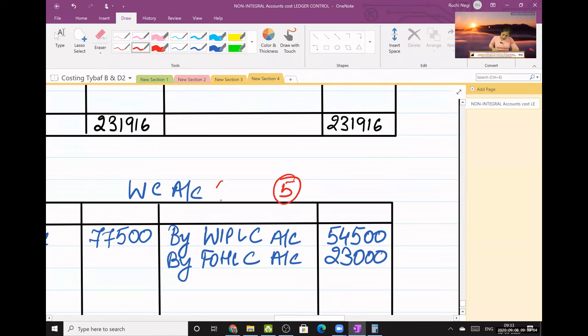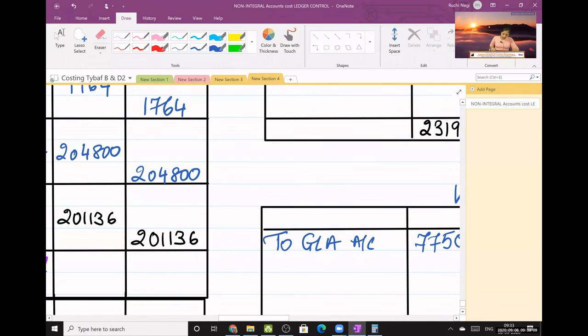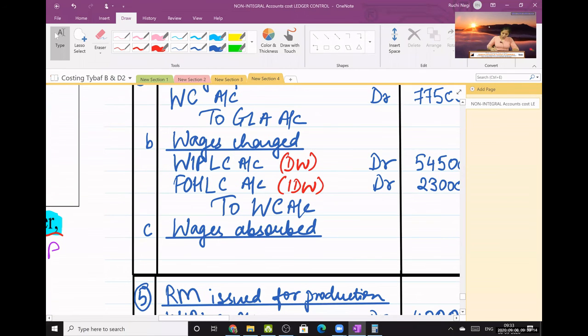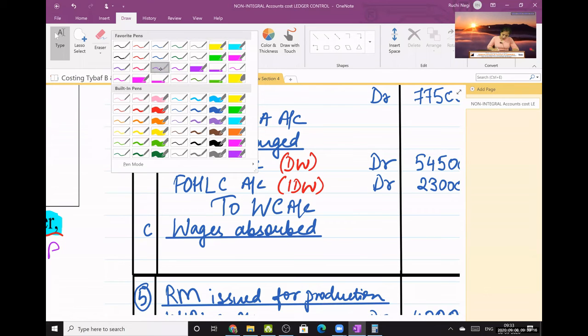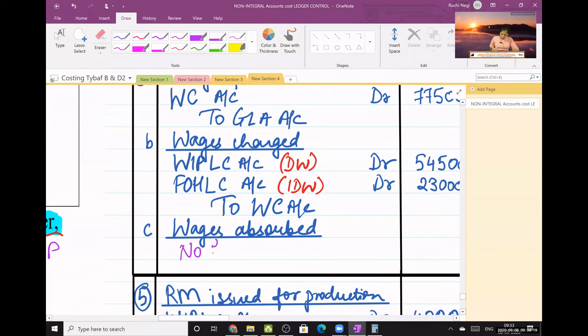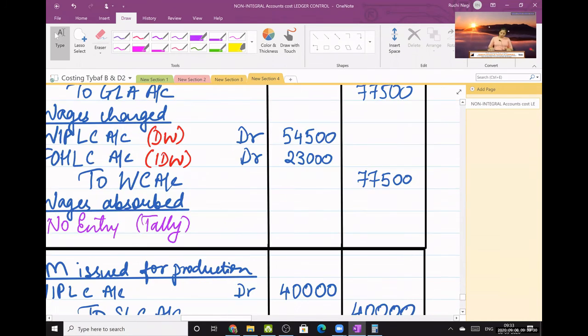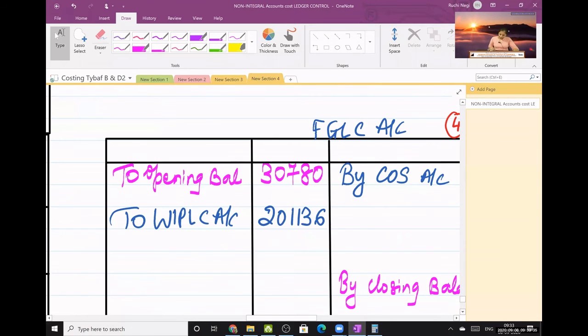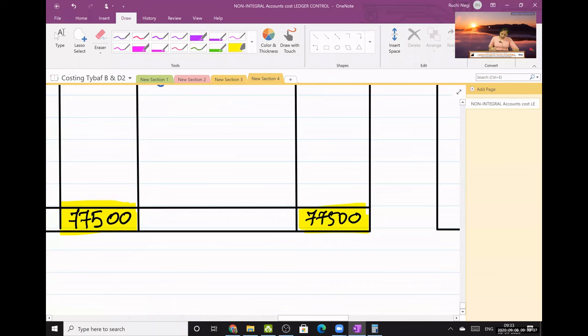Since it has got tallied, your wages absorbed, no entry. Here, no entry. Why no entry? Because the ledger got tallied. You have paid it, you have charged it, fully charged it. Whatever was paid was fully charged. So there was no scope for entry. Next. Wages is done too.